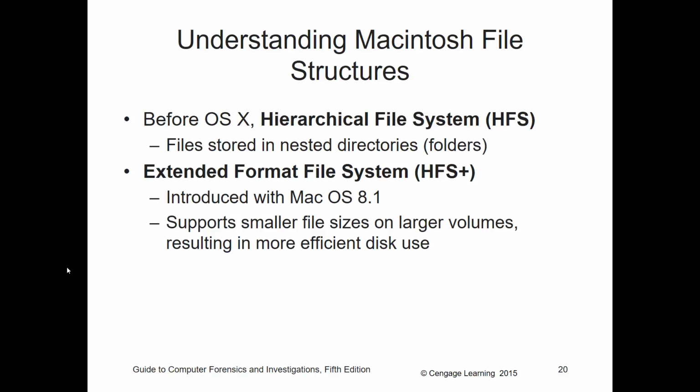Mac OS X is Mac OS 10. And they do support smaller files on larger volumes. Basically, this results in more efficient disk usage. So if we're looking at the smallest block, if they're able to be a little bit smaller and you don't fill them up, we don't have a lot of wasted space or slack space.